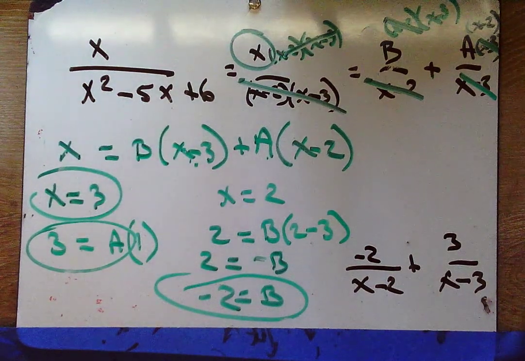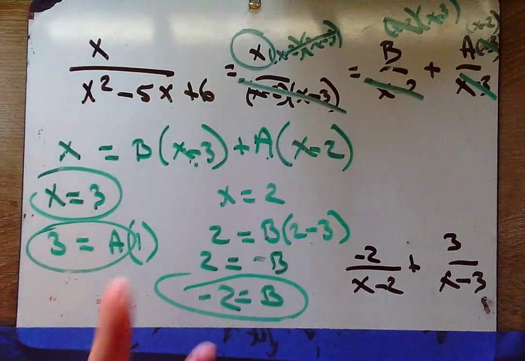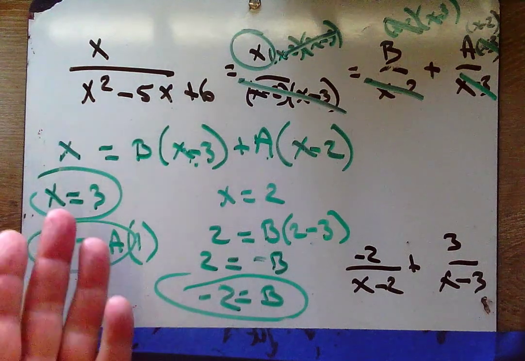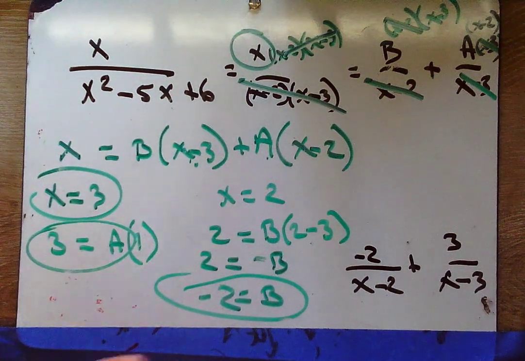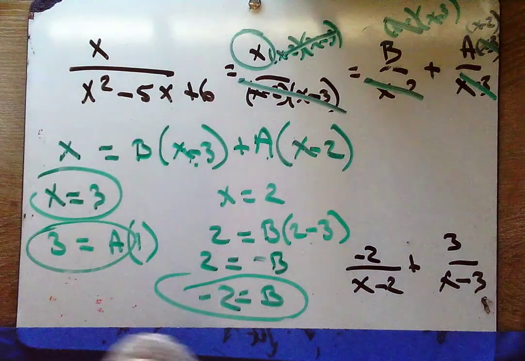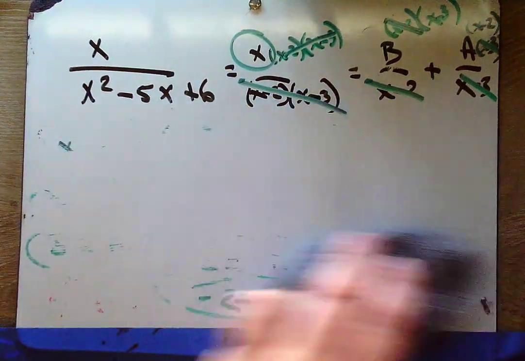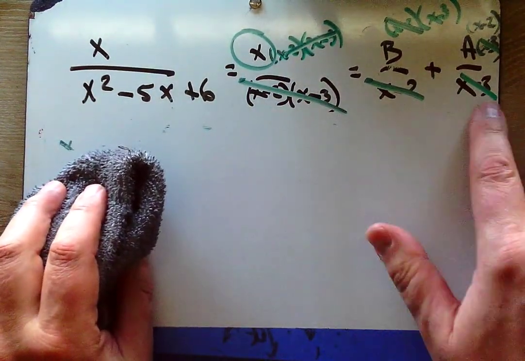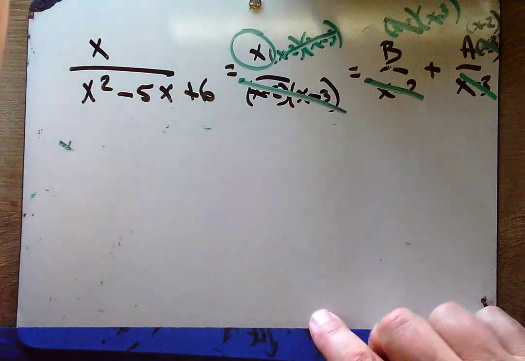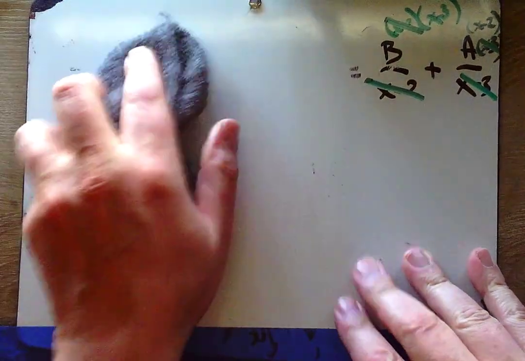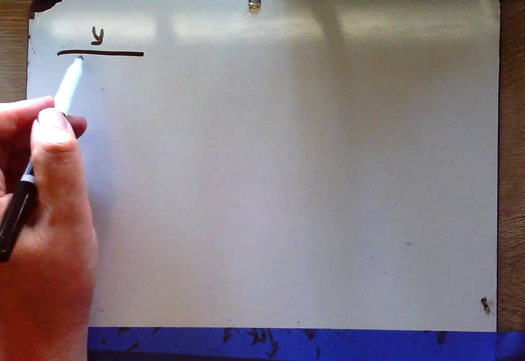Now, I did say that there was another method. Magic numbers is my preferred method for case 1, the case where I have non-repeated linear factors. Okay? But what if instead I wanted a different way? Maybe I'm not comfortable with these magic numbers.